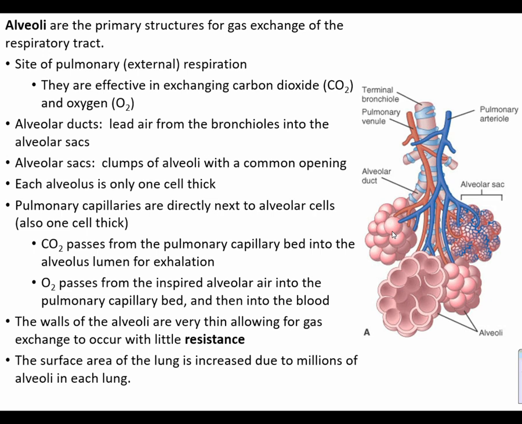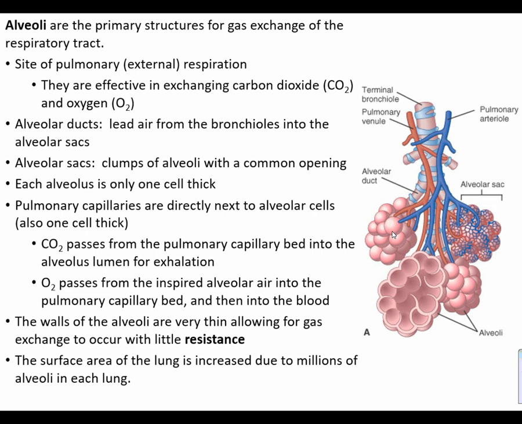And therefore, exchange was easy to occur, especially if you compare them to the thick walls of arteries and the less thick, but still thicker than capillaries, walls of our veins. Well, alveoli are structured very similar to capillaries. Capillaries were only one cell thick with a basement membrane surrounding it.